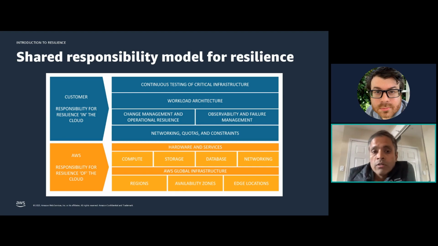This shared model can help relieve the customer's operational burden as AWS operates, manages, and controls the components from the host operating system and virtualization layer down to the resilience of the infrastructure. More specifically, AWS is responsible for ensuring resilience of the infrastructure that runs all of the services offered in the AWS cloud. That encompasses hardware, software, networking, and facilities.